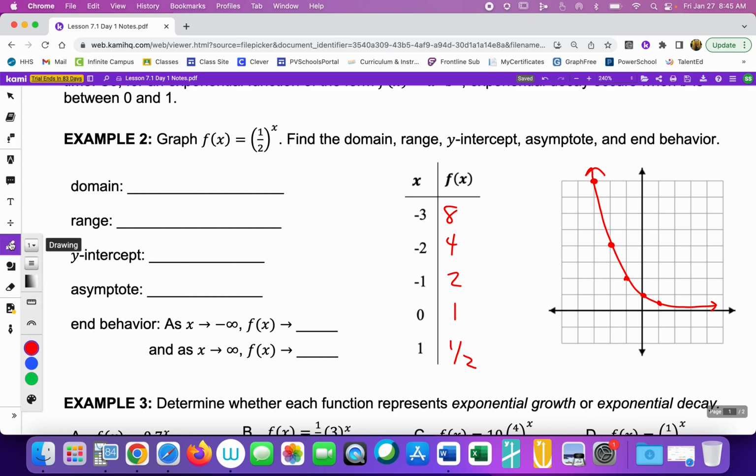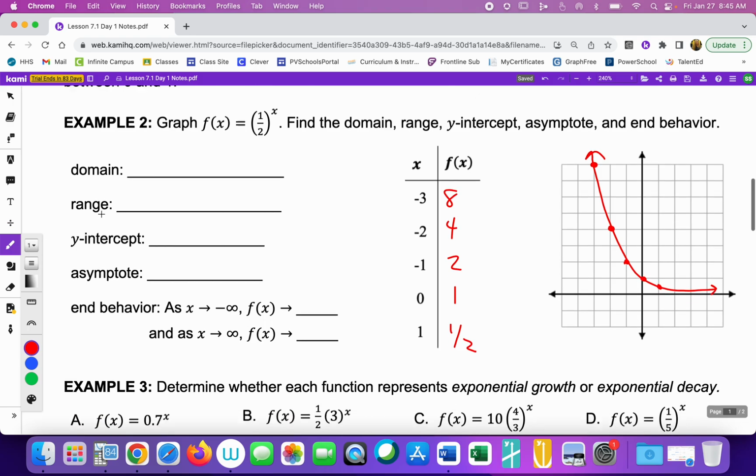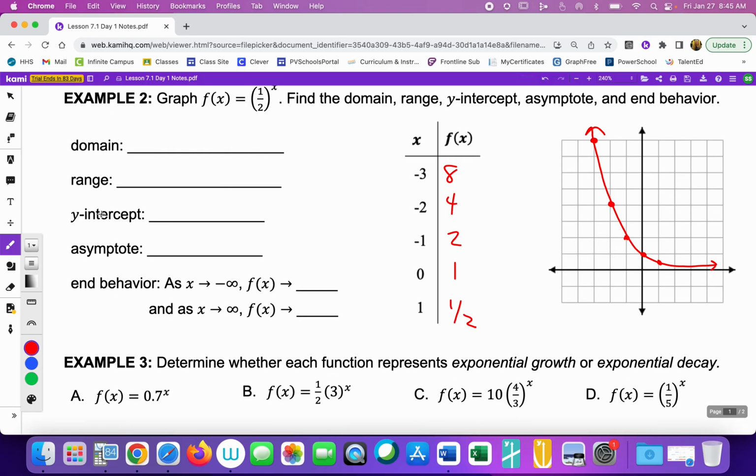All right. What's the domain? All real numbers. So there's no limit on the graph left to right. And yes, you can use that symbol. What's the range? It's all above the x-axis, so it's just all positive numbers.